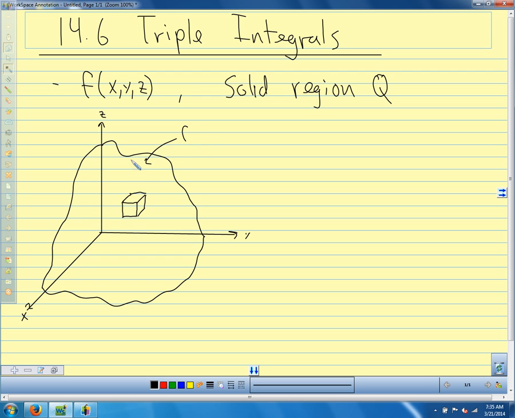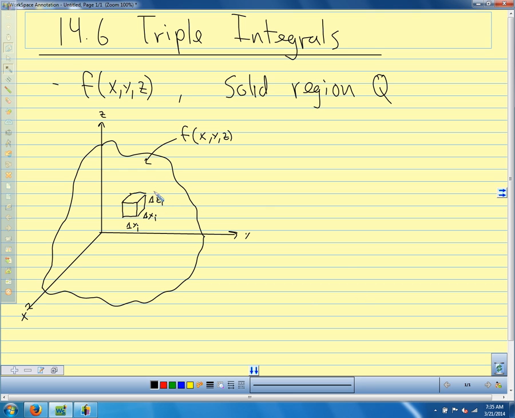So the function over the solid region is f of x, y, z. We're going to say that the coordinates of this little chunk of the solid are x sub i, y sub i, z sub i, and the dimensions are, this side would be delta y sub i, this side would be delta x sub i, and our height would be delta z sub i.